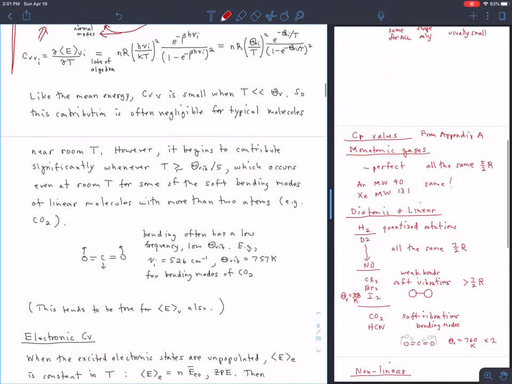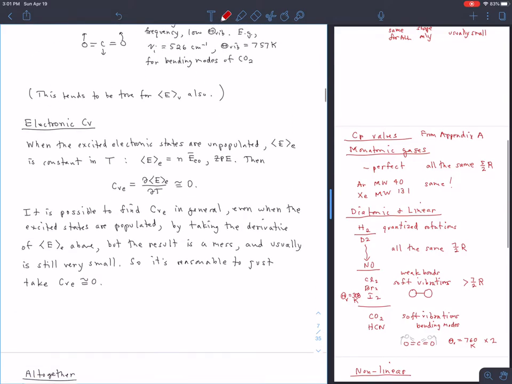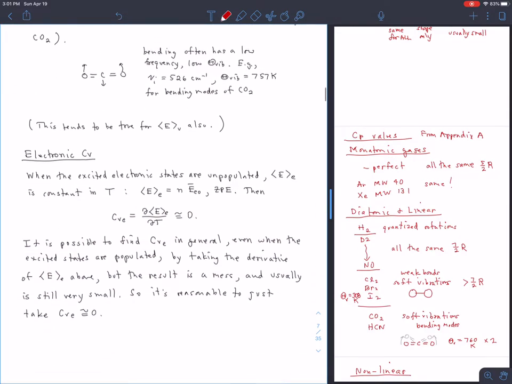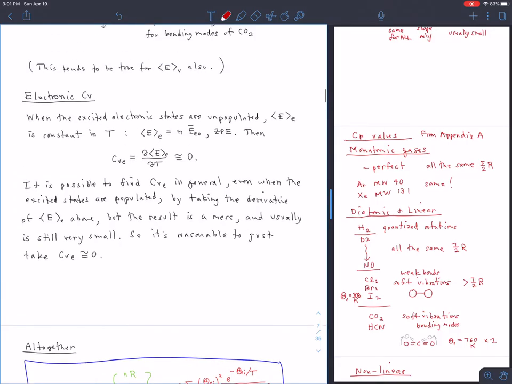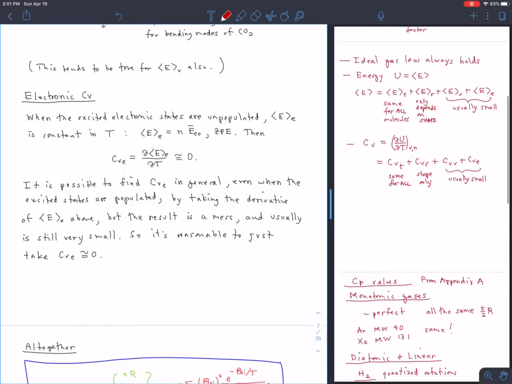All right, then finally, there are a few comments here, but we'll make those comments later on. We get to the electronic heat capacity. If the first excited state is not populated, as is usually the case at room temperature, then the electronic heat capacity will be 0.